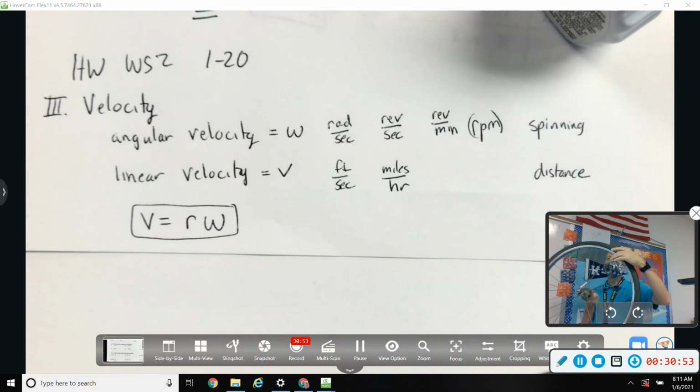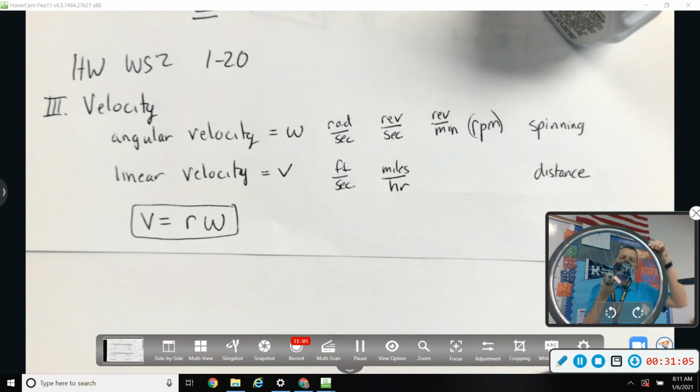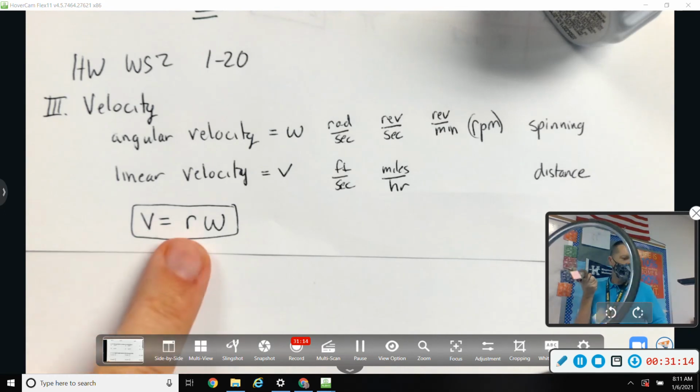If I slid my little yellow one down to here, it still has the same angular speed, but now it's not going quite as fast as when the radius was all the way out here. The bigger the radius, the bigger the velocity.